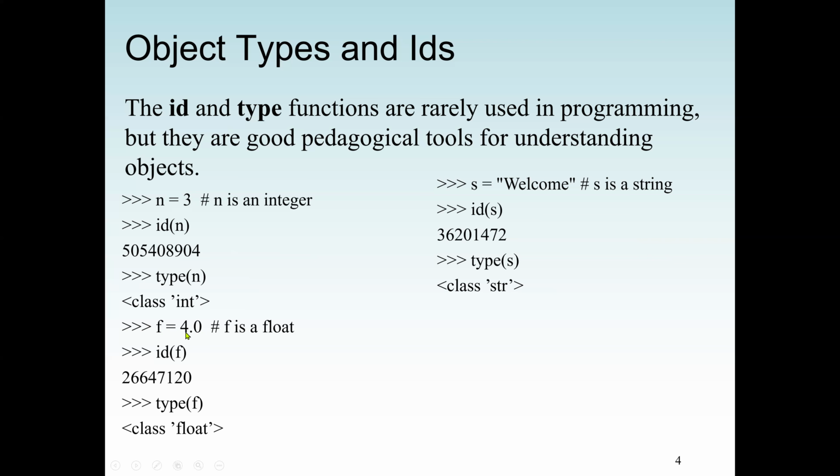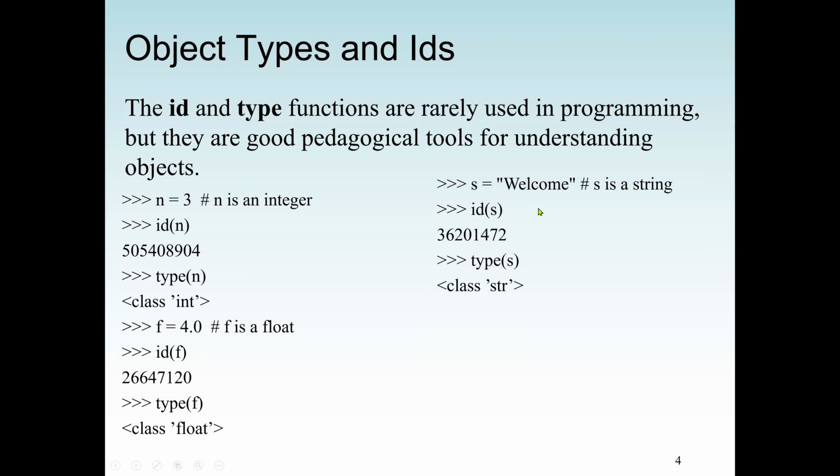In Python or Java, a decimal value is the same as a float. If I use the identity function id with the object name f, it will give me a unique number. If I use the type function, it will tell me the type of data that has been stored. In this case, it's a decimal value, so it will return float. The previous one returned int because it's a whole number.